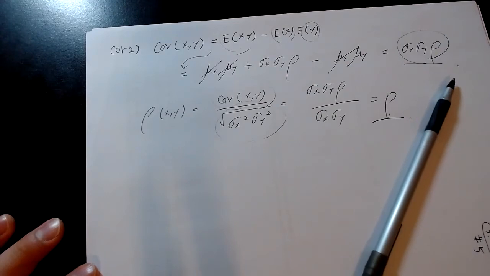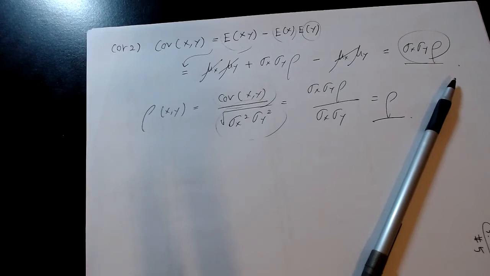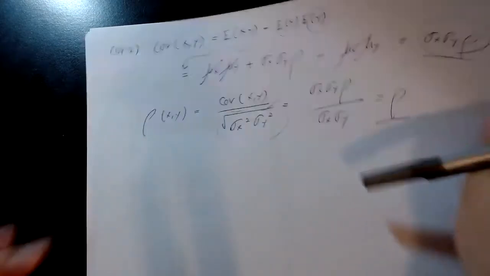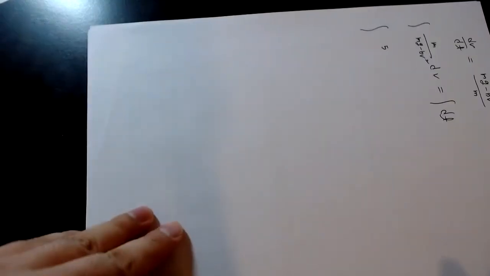Now next, we move to 5.6, linear functions of random variables. In this section, as you can see in my lecture notes, results for linear functions are highlighted because of their importance in the remainder of the book.